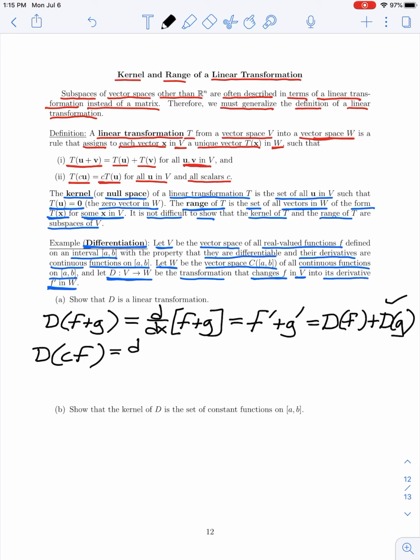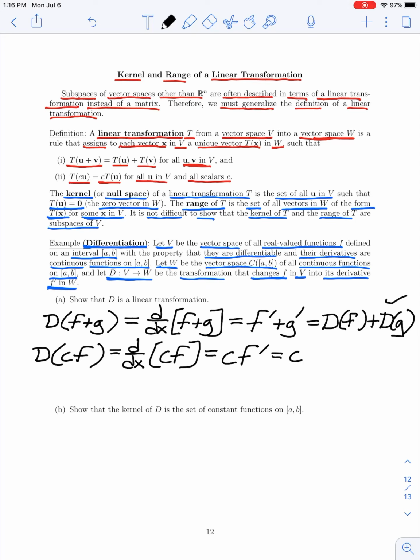Now, the operation that D is performing is differentiation. So we would differentiate the function c times f, but we know from our calculus sequence that the derivative of a constant times a function is equal to the constant times the derivative of the function.